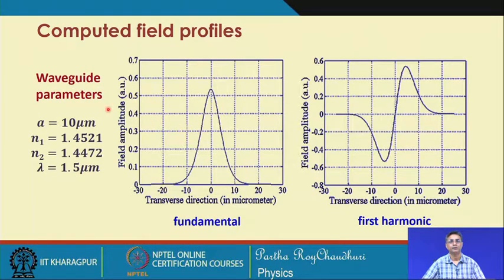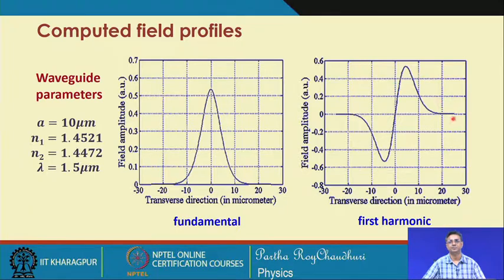For the waveguide with linear profile, if you use these parameters, we will get a plot of the modal field, the fundamental modal field, which will be like this. This is a computer generated plot for these waveguide parameters. This is for the first harmonic, that first order mode.